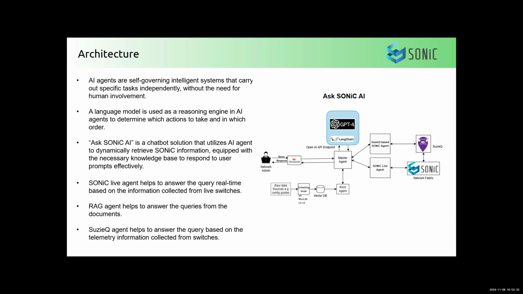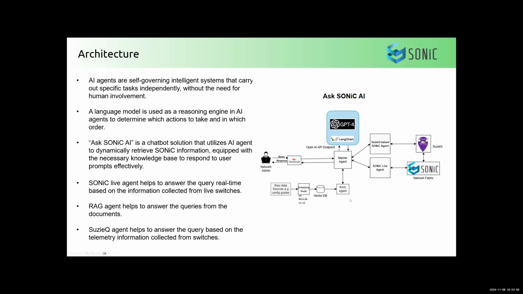Unlike in the traditional model, which sometimes hallucinates big time even when there's no answer present in the LLM, here you are providing all the AI agents necessary to complement the static data available in the LLM. So we have created many agents.